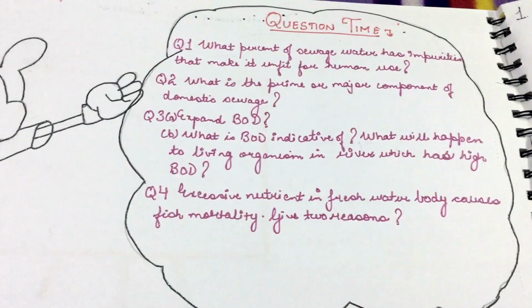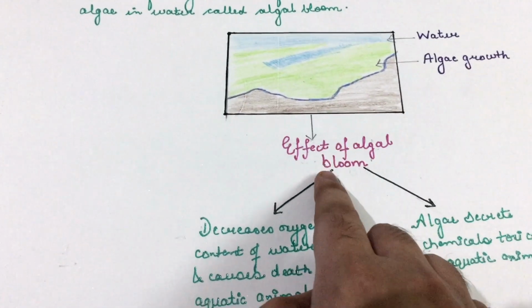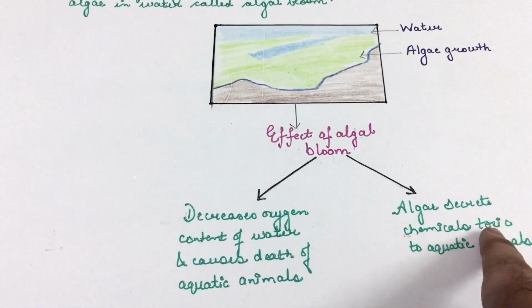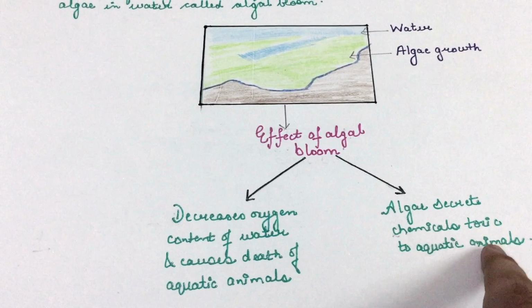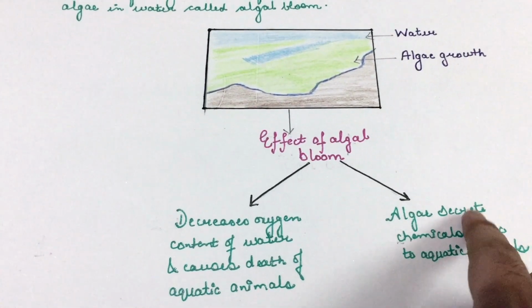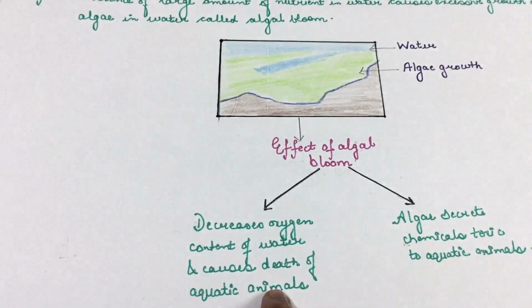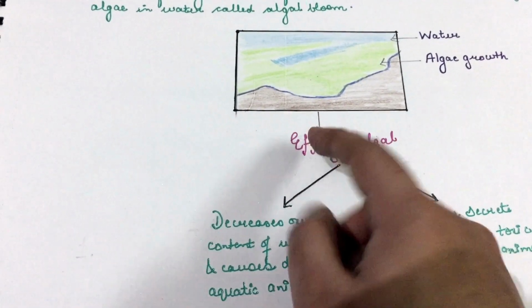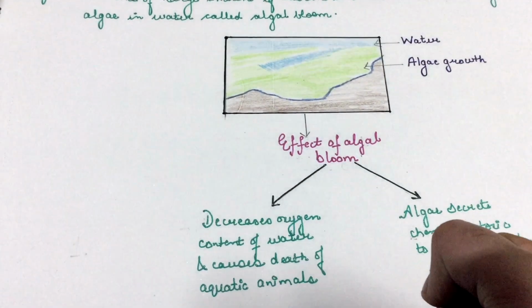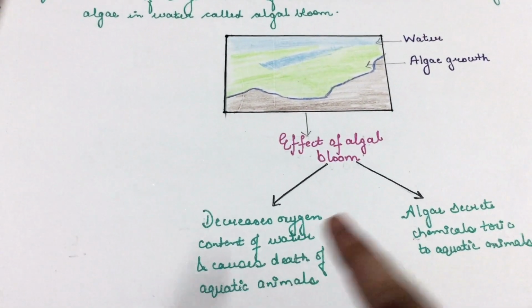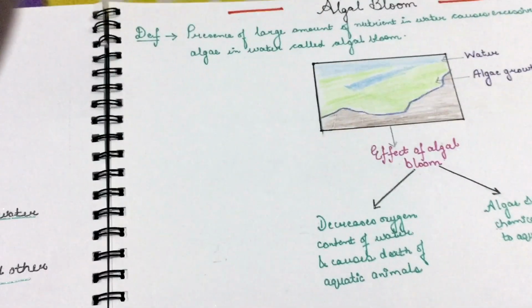So when it causes algal bloom, the algae will secrete toxic substances which would kill the aquatic animals. So algae secrete chemicals that are toxic to aquatic animals. And second, these algae will consume the whole oxygen present in that water body and cause death of aquatic animals.